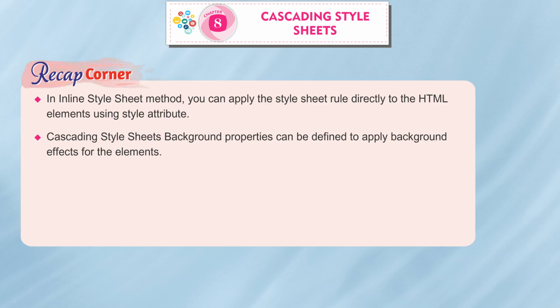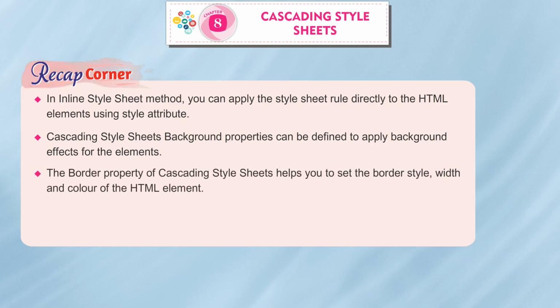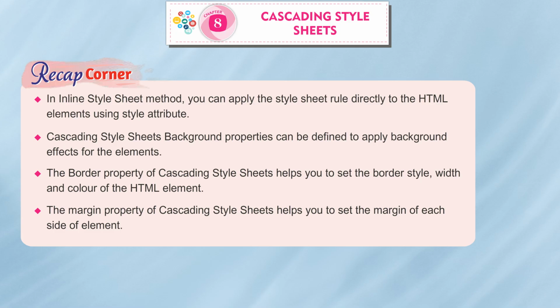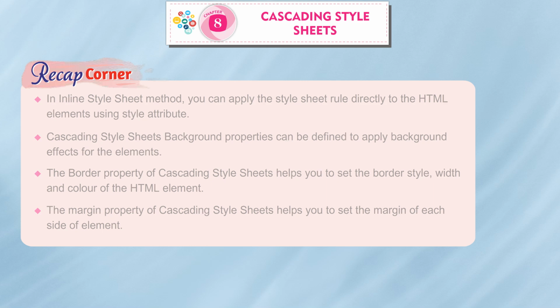Cascading Style Sheets background properties can be defined to apply background effects for the elements. The border property of Cascading Style Sheets helps you to set the border style, width, and color of the HTML element. The margin property of Cascading Style Sheets helps you to set the margin of each side of an element.